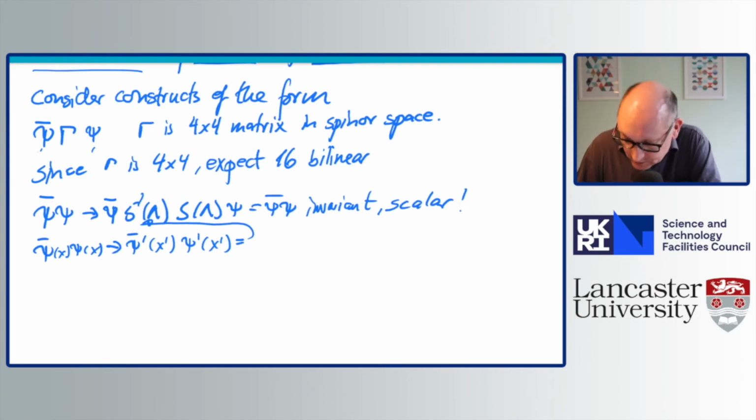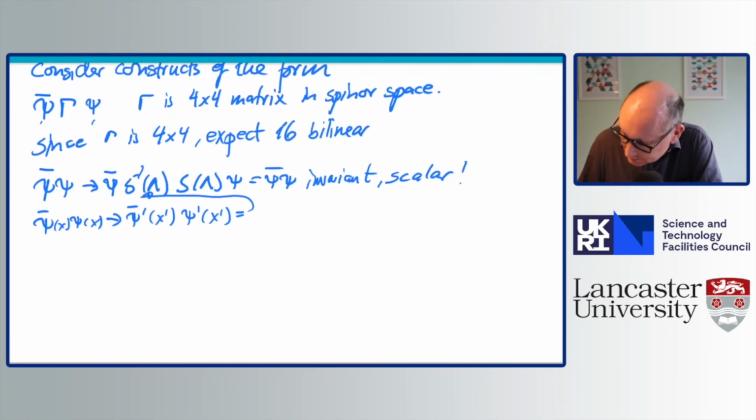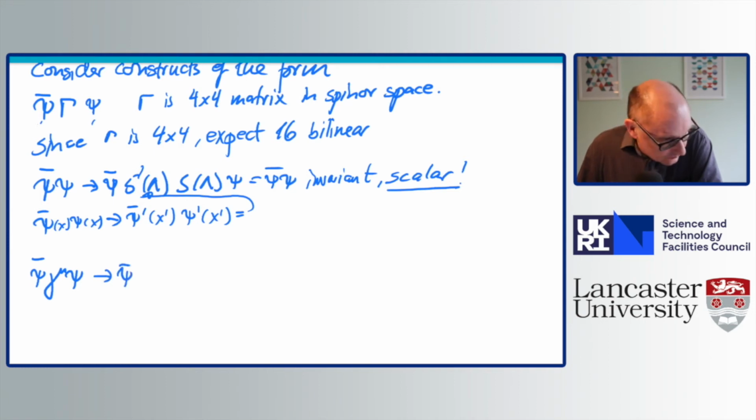Let's see what happens with ψ̄ γ^μ ψ. Now, under a Lorentz transformation, this of course goes into ψ̄'(x') γ^μ ψ'(x').